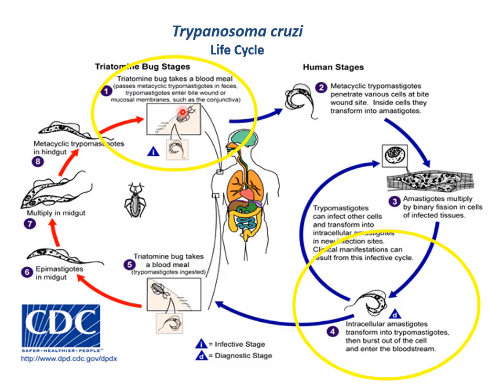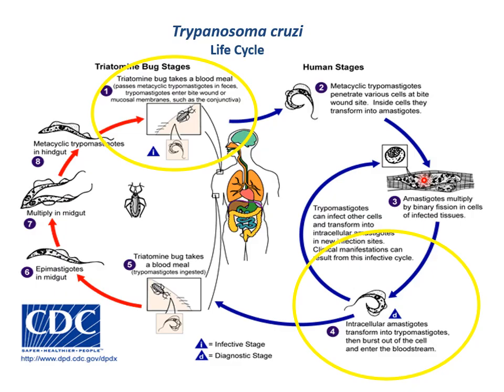It is called a kissing bug because it usually takes its blood meal in areas that surround the mouth or the eye, so wherever we have soft tissue and more accessible capillaries of blood. Whenever it takes the blood meal, it will defecate within the wound that it created, and it will liberate metacyclic trypomastigotes. These metacyclic trypomastigotes will penetrate into various tissues, in which they will transform into amastigote stages.